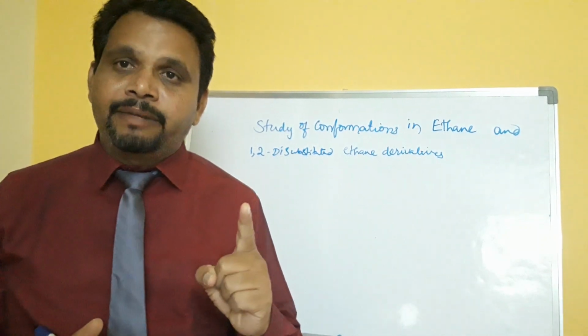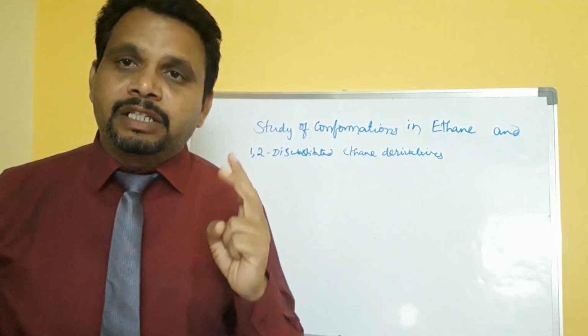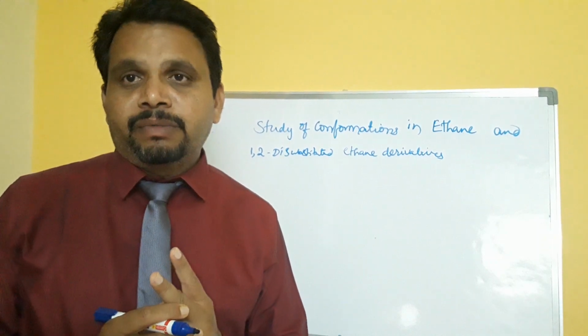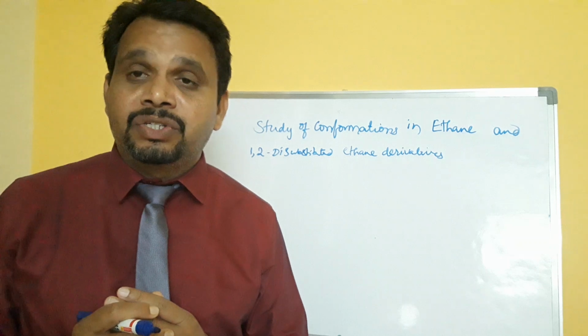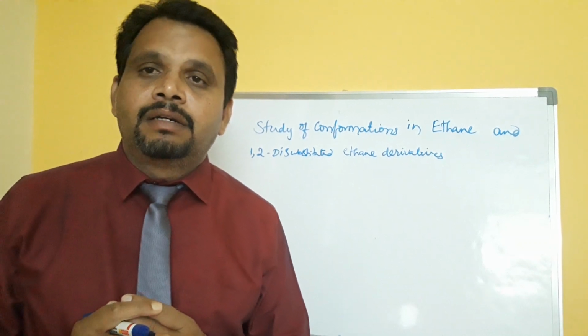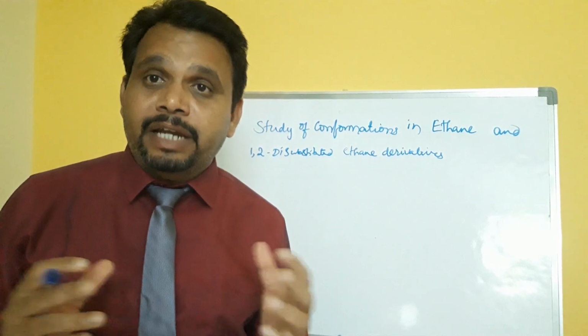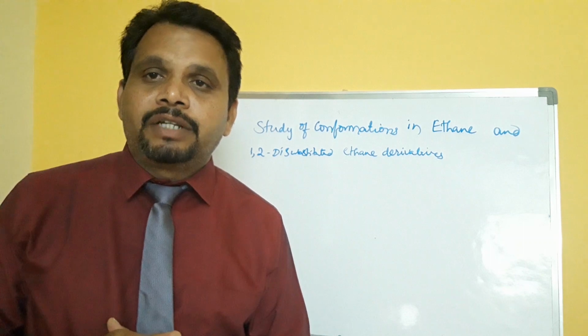One is the fully eclipsed conformer at 0 dihedral angle. Another is the gauche or skew conformer at 60 degrees or 300 degrees dihedral angle, and the anti or staggered conformer at 180 degrees dihedral angle.